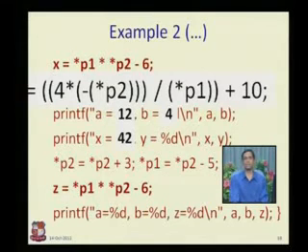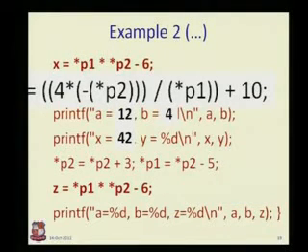So the first bracket is cleared. Then we have a division sign, and on the other side of the division sign I have *p1. *p1 means the value of a. So minus 16 divided by 12. Now I have declared it as an integer, so it will give an integer value, minus 1. Plus 10, so what is the answer? Answer of y is 9. Minus 1 plus 10 is 9.